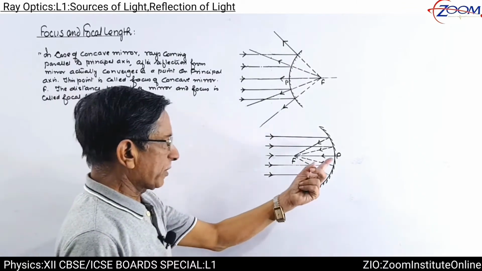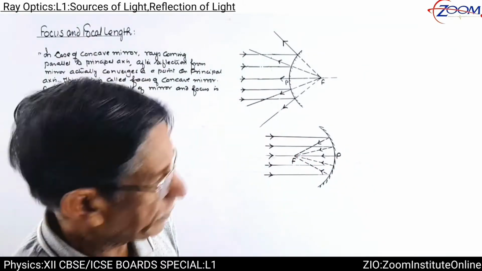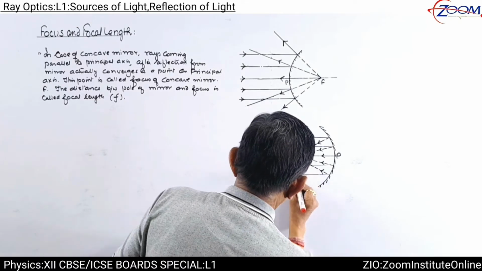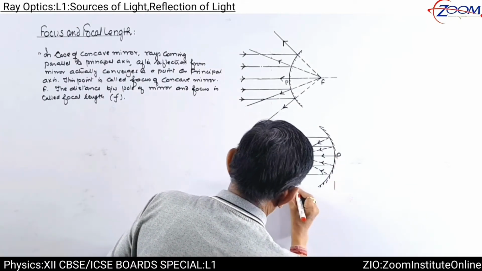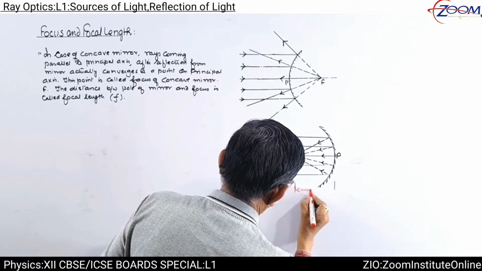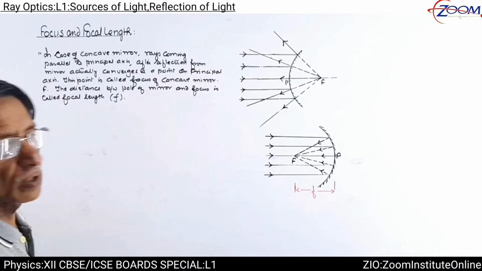So this distance from pole to focus, this distance is called what? Focal length. This distance is called focal length.